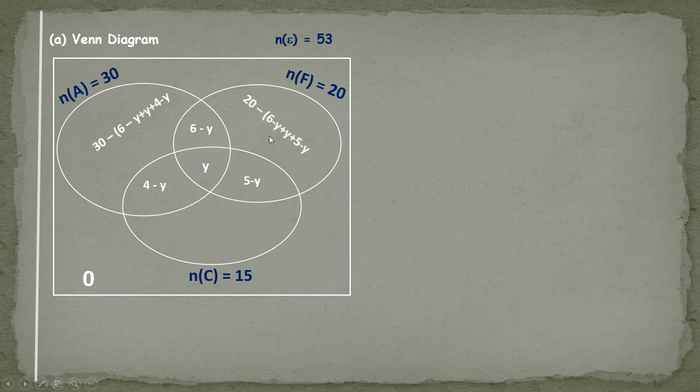Then the same thing here, we shall get 20 minus the sum of these. The same working here, 15 minus the sum of these. That's what we have to do.